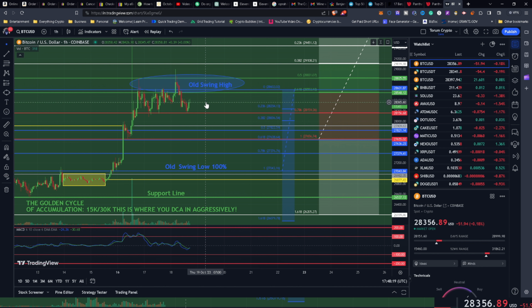The higher time frames are still green, and they're growing green candles. They're starting to look like this candle right here on the week, and I believe it was, well, actually on the 3-month. All the higher time frame candles are green, and they are also growing.